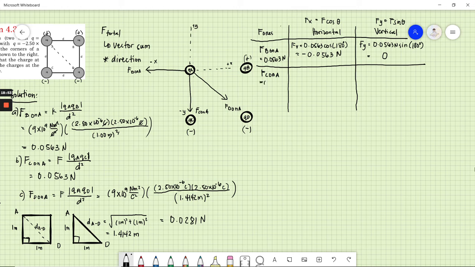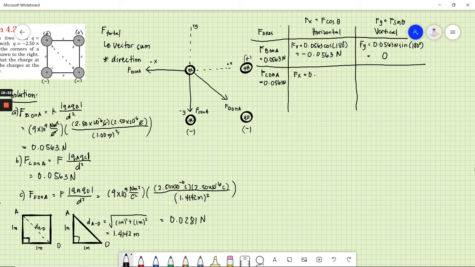Now let's look at FC on A. Our FC on A also has a magnitude of 0.0563 newtons. Let's solve for our Fx. If you look at our FC on A, you will notice that it's lying flat in the direction of the negative y-axis. What that tells us is that we don't have a direction in the x-axis. So it's all in the y-axis. And even if we solve it, so that's 90, 180, 270.